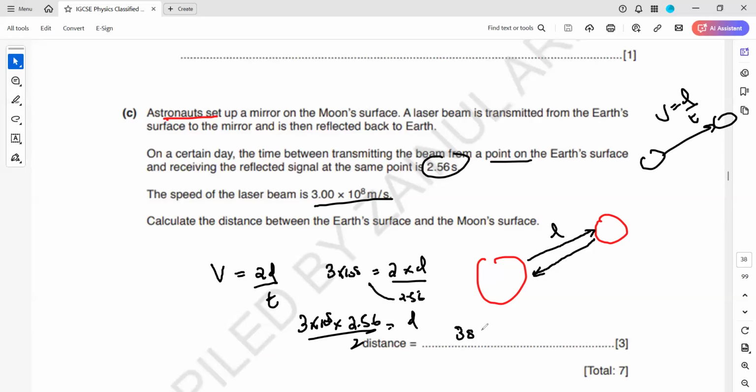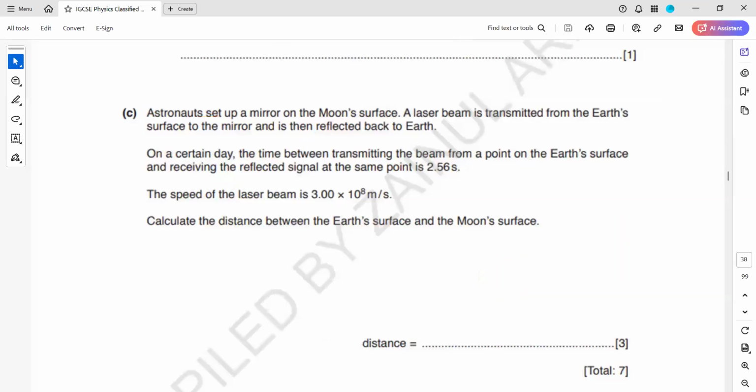So it will be 384 times 10 to the power 6 meters. That is the distance. Because there was a reflection, that's why we use twice the distance. If there was no reflection, then we'll simply use speed as distance divided by time.